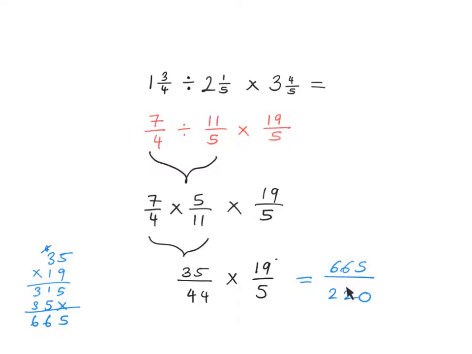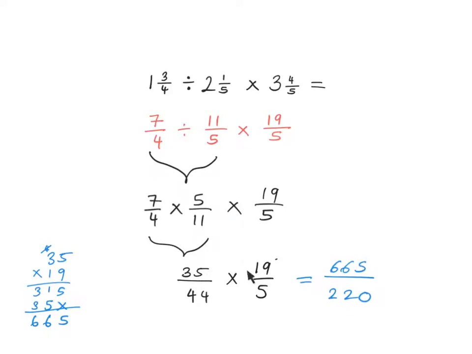Now, as you can see here, dividing them by 5, it can be a bit tedious. There's a lot of work involved. But if we go back to the earlier step here, before I multiplied them, I should have realized that, well, here I have 35 and I'm dividing by 5.